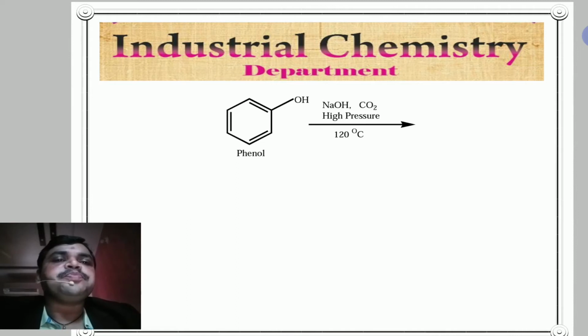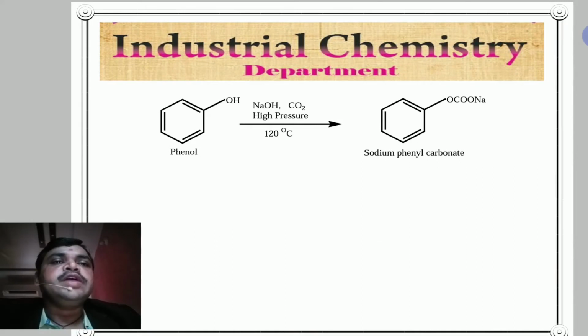First of all, phenol is converted into sodium phenoxide and then at 120 degrees Celsius carbon dioxide, CO2, is passed, and it is converted into sodium phenyl carbonate. It is noted that first phenol is converted into sodium phenoxide and thereafter sodium phenyl carbonate is obtained.